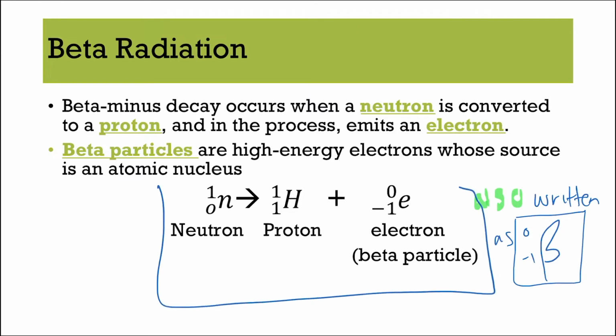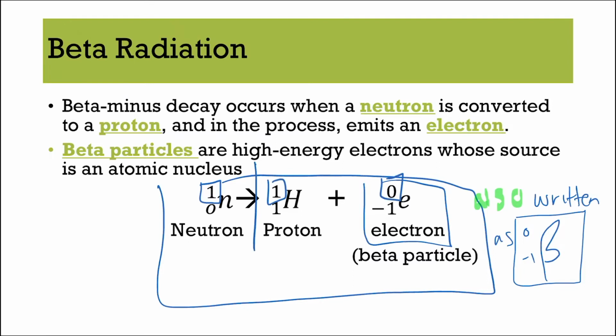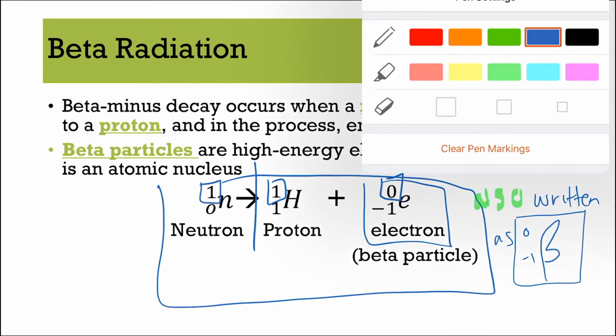So here we have a neutron, and it's being decayed through beta radiation. It seems kind of counterintuitive at first, but here is the electron being released. And again, it's all about balancing. The top number on the left side of the reaction is 1. If you add up the mass on the right side, it is still 1, so that's balanced.